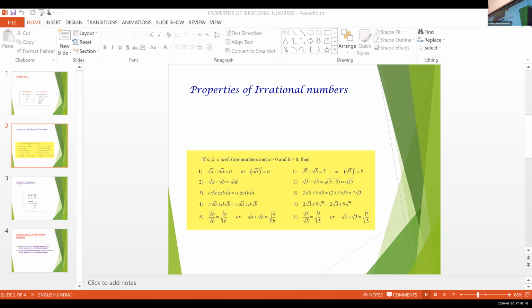What is the answer, Prajot? 7 root 3. Both the irrational numbers are the same, so you can add them. 2 plus 5 equals 7 root 3.